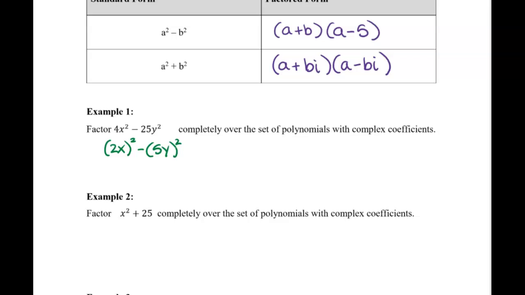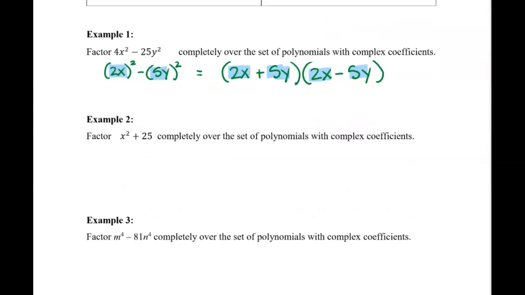Once we write it in the form something squared minus something squared, then it's 2x plus 5y times 2x minus 5y. Whatever our two things are, 2x and 5y in this case, we add them in the first binomial and we subtract them in the second. And you can always prove it to yourself by multiplying and seeing if you get your original.